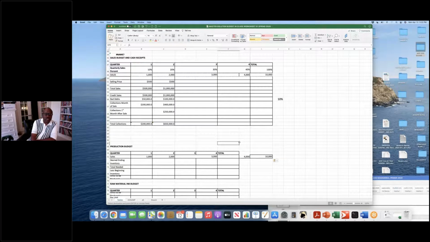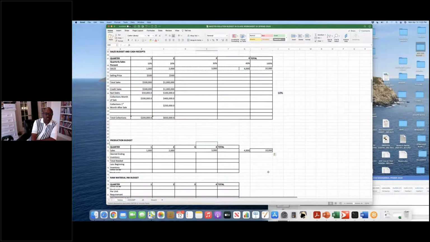So y'all create your own sheets, but hopefully you can see that. Whatever is on the sales budget, transfer it down to the production budget.